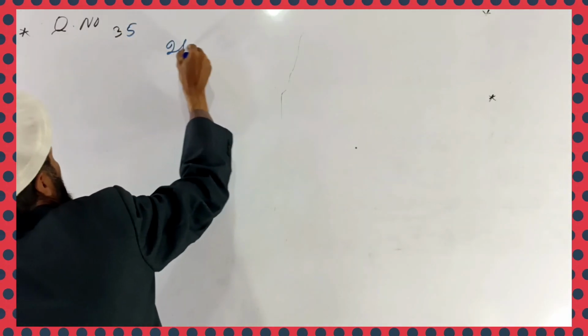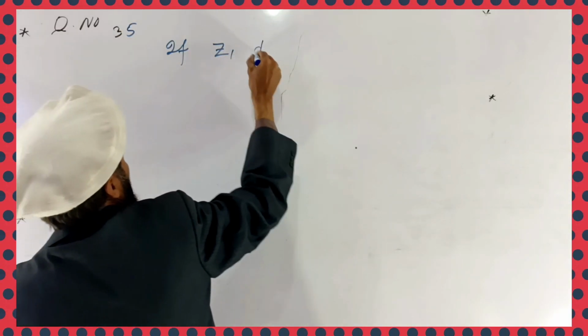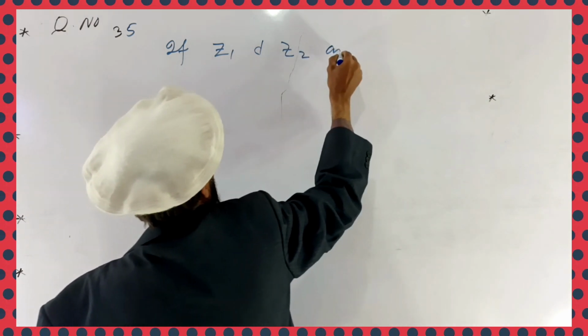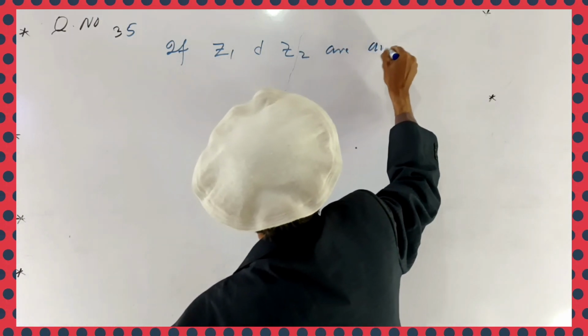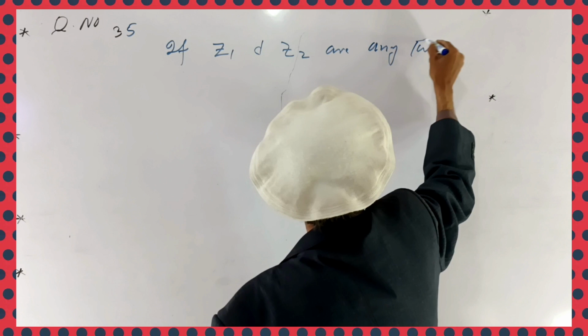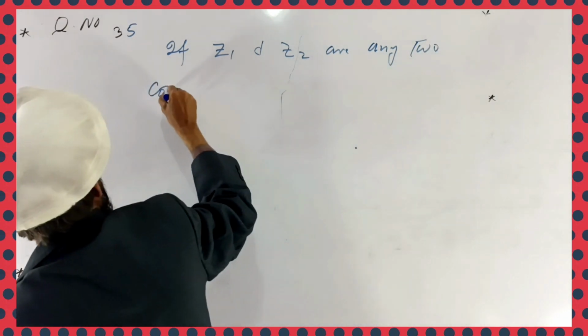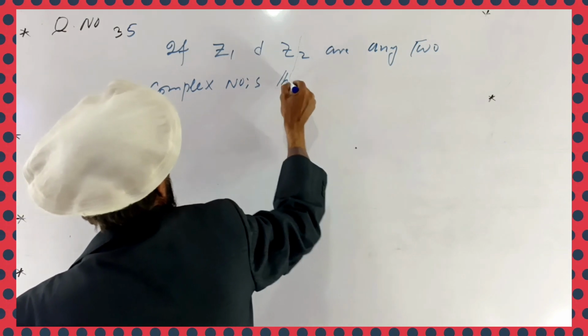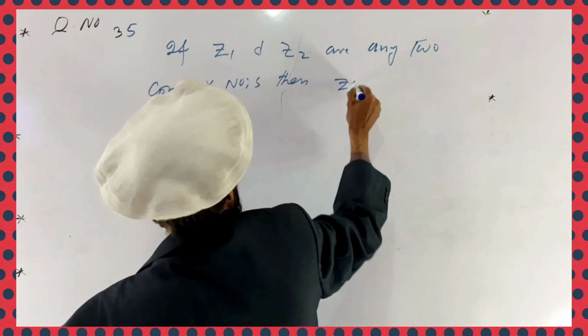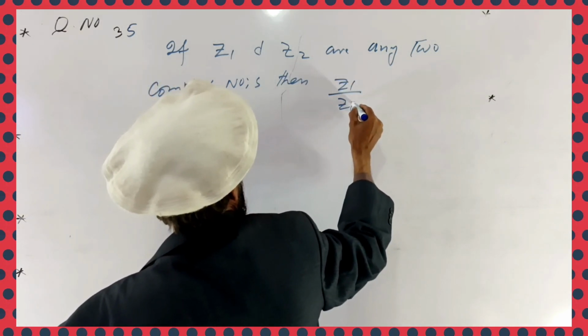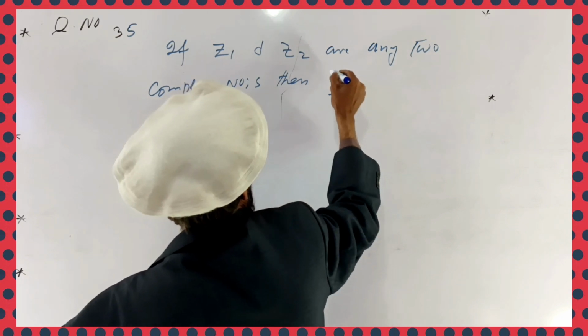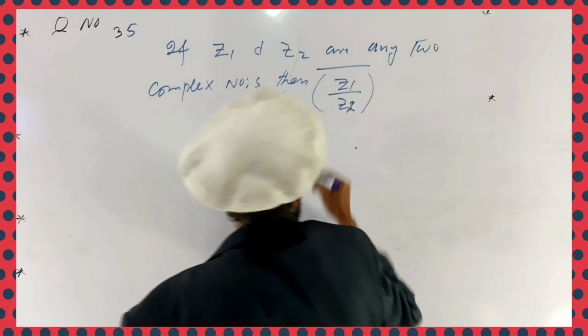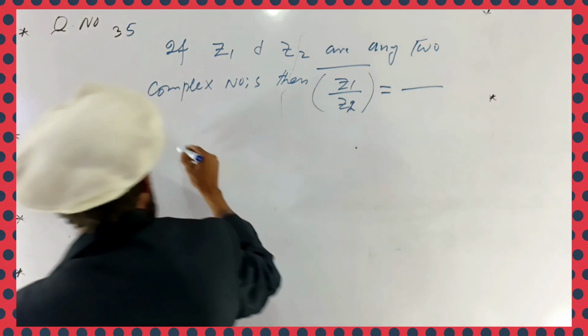If Z1 and Z2 are any two complex numbers, then the conjugate of Z1 divided by Z2, the whole conjugate, is what? What is the result?